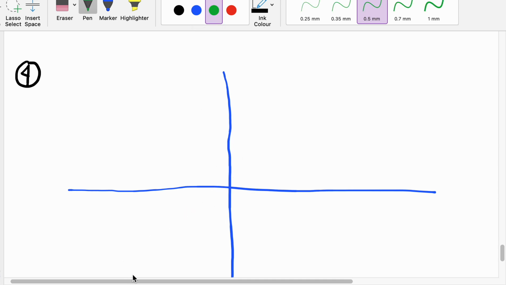This is again my identity line, that is y equal to x.